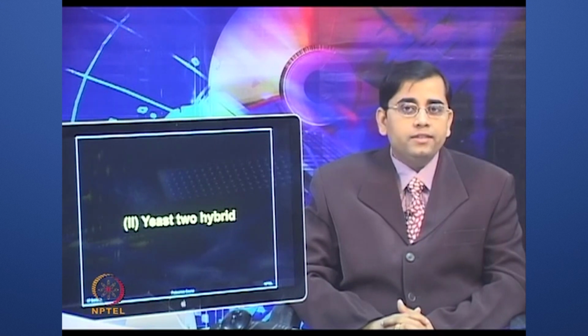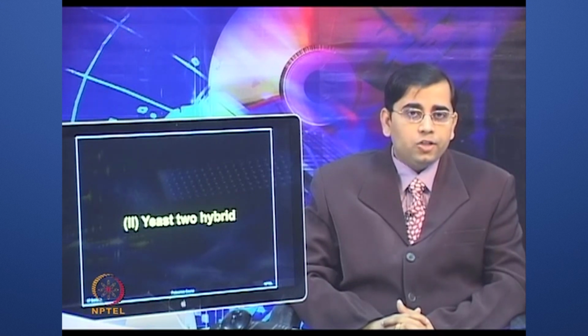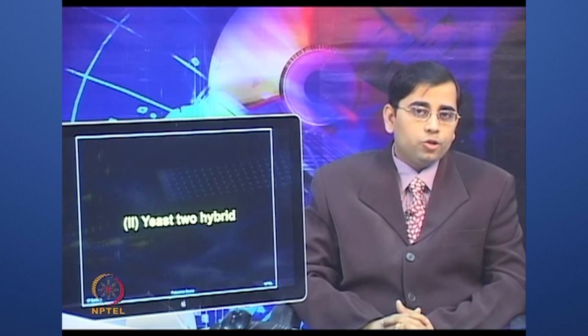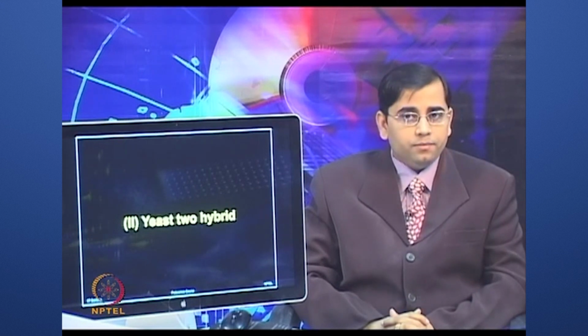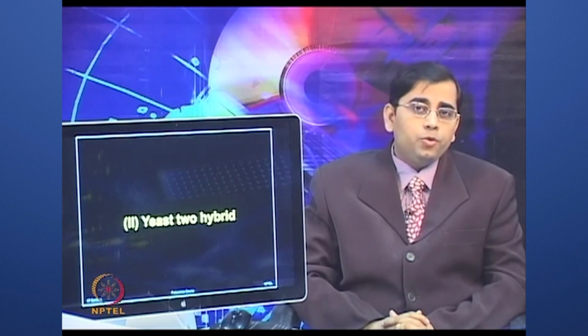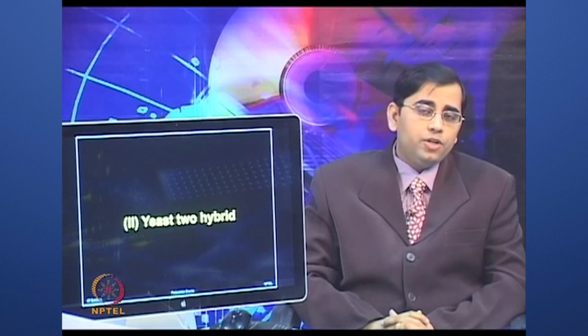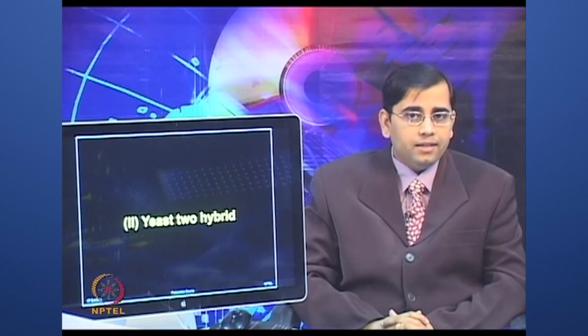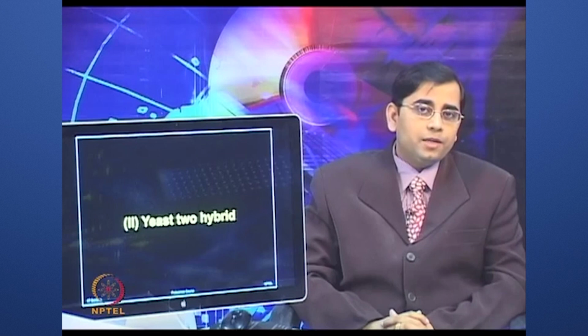The prey protein is a protein whose interaction with the bait needs to be determined. The prey protein is fused with the activation domain, known as AD, of the transcriptional activator.